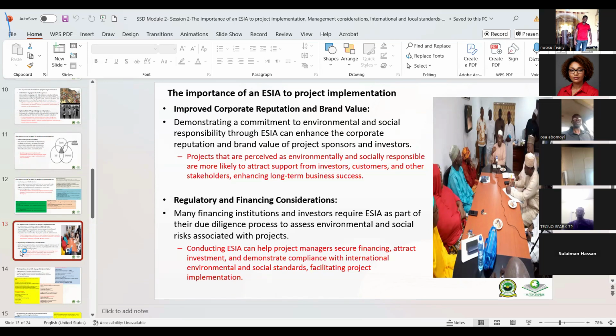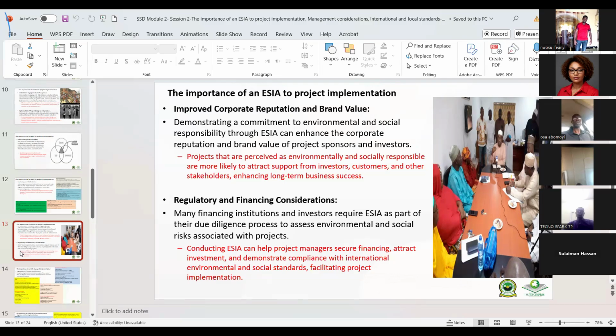Project managers who follow this will be able to manage their projects better, because projects that are perceived as environmentally and socially responsible are more likely to attract support from investors, beneficiaries and other stakeholders, and it will enhance the long-term success of such projects.